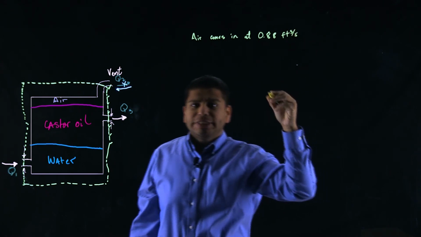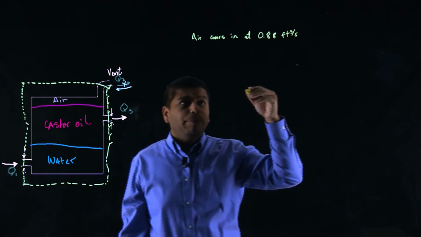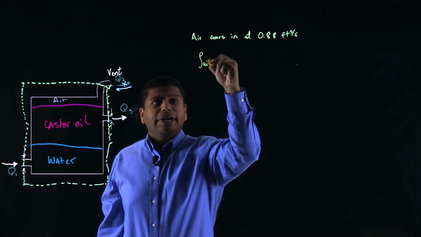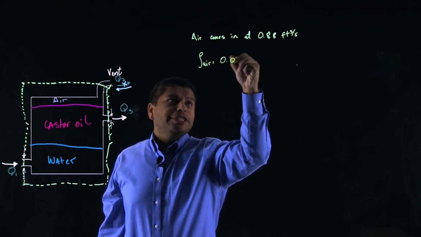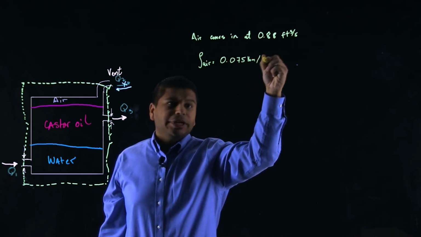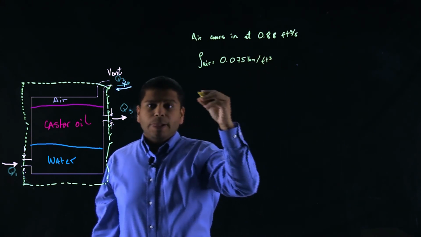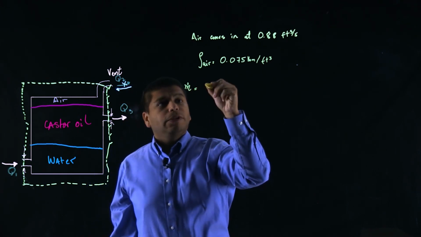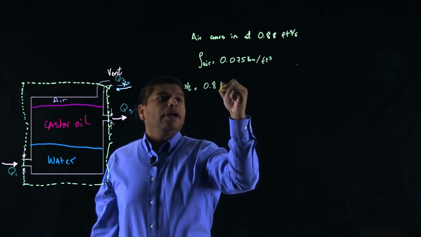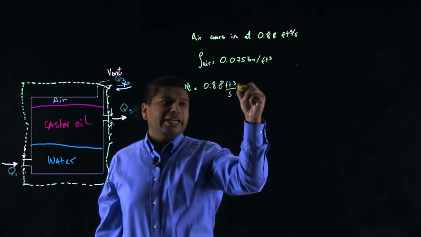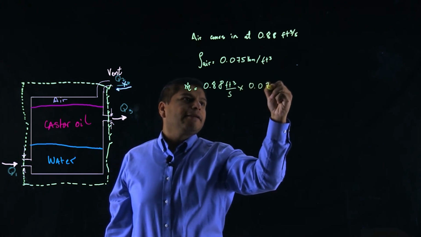If you recall, the question was what is the pound mass per time. We know that the density of air is 0.075 pound mass per cubic foot. To calculate the mass flow rate coming into the control volume with respect to air, we multiply the volumetric flow rate, 0.88 cubic feet per second, times that density.